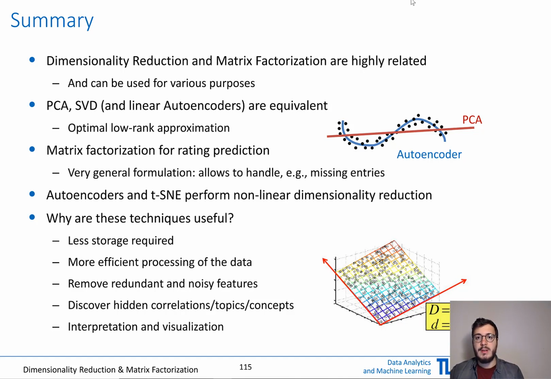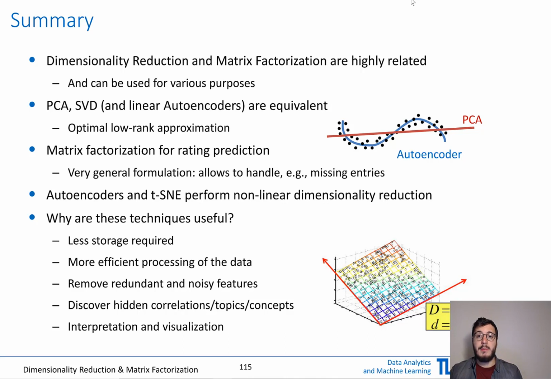But beyond this, it's useful because it enables us to find hidden structure, hidden patterns within the data. If you think back to the movie concepts or the movie factors, we saw that they capture some sort of semantically meaningful variation within the data. And if you do dimensionality reduction all the way to 2D or 3D, then you can use this for visualization in order to really try to better understand your data.